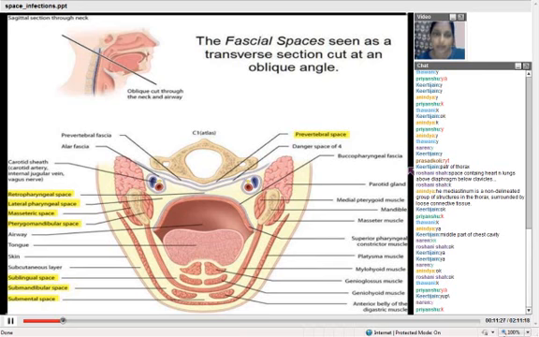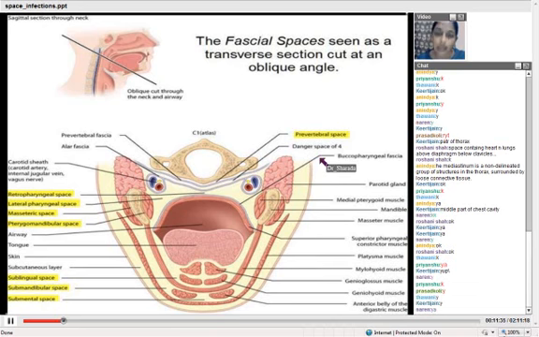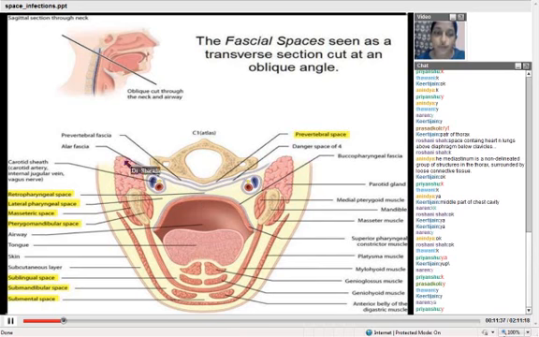So there is something known as the danger space. Can you see this in the diagram, what I am pointing out? The danger space is usually found between the prevertebral fascia and the alar fascia. The reason is that this alar fascia goes way down to the posterior mediastinum, up to your second thoracic vertebrae.